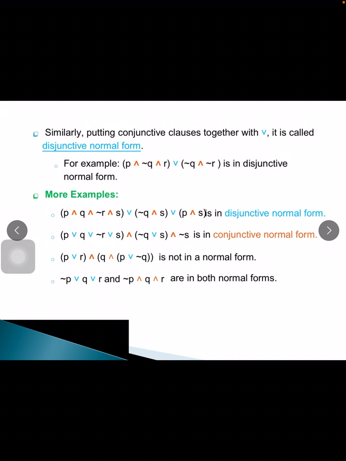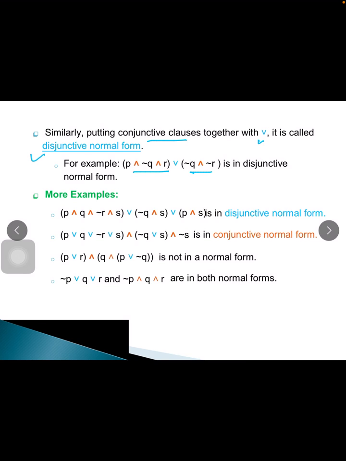If we have conjunctive clauses, like p and negation q and r, this is one conjunctive clause, and negation q and negation r, this is another conjunctive clause. So if our conjunctive clauses are together with the disjunction, this is called the disjunctive normal form.